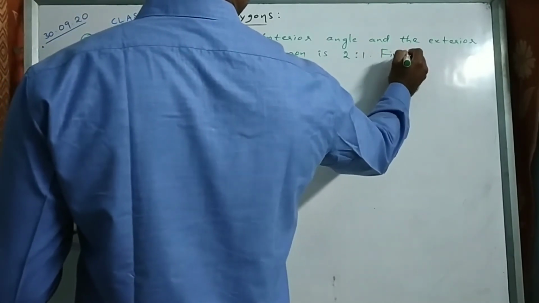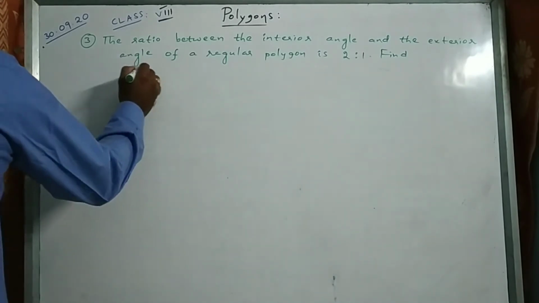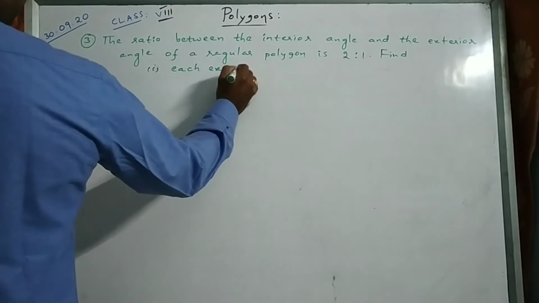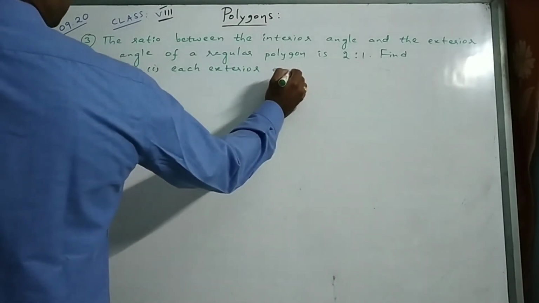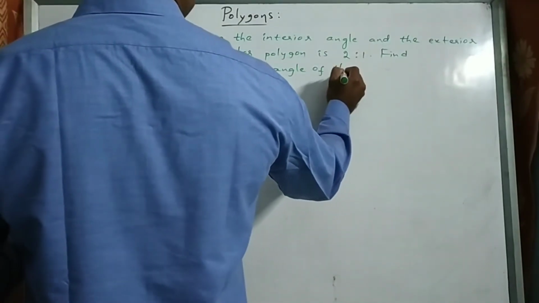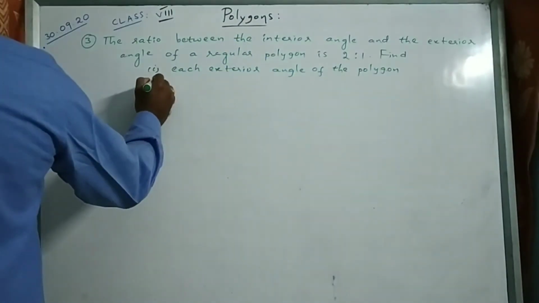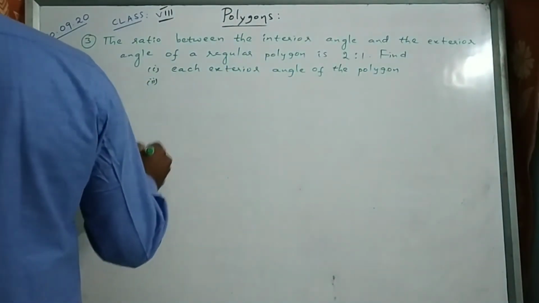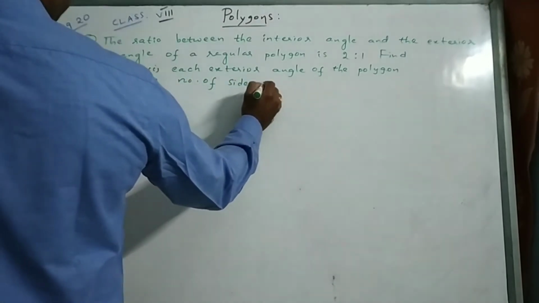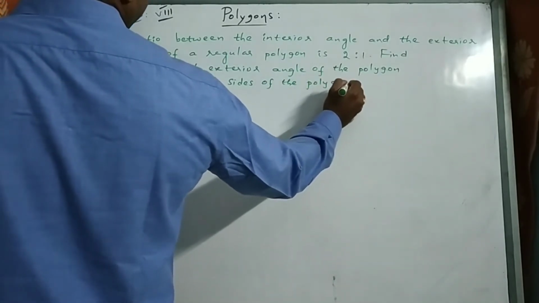Then find each exterior angle of the polygon. Second, the number of sides of the polygon.